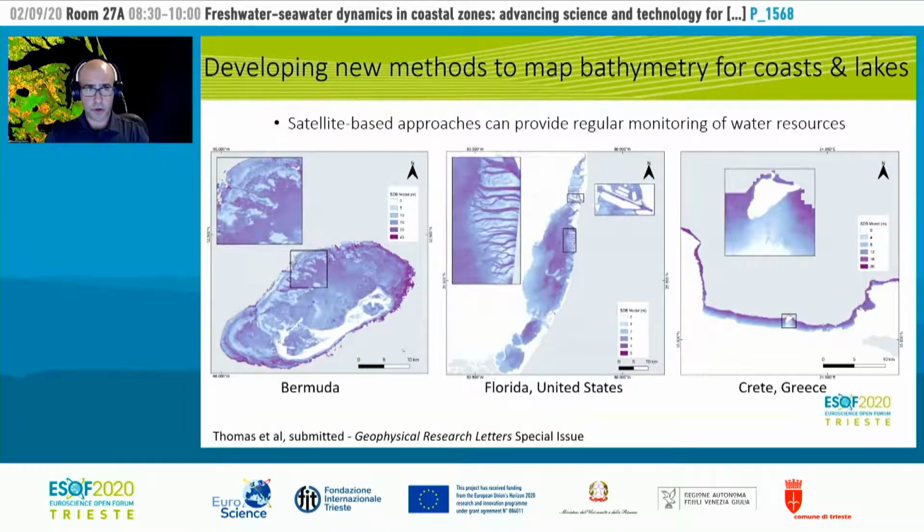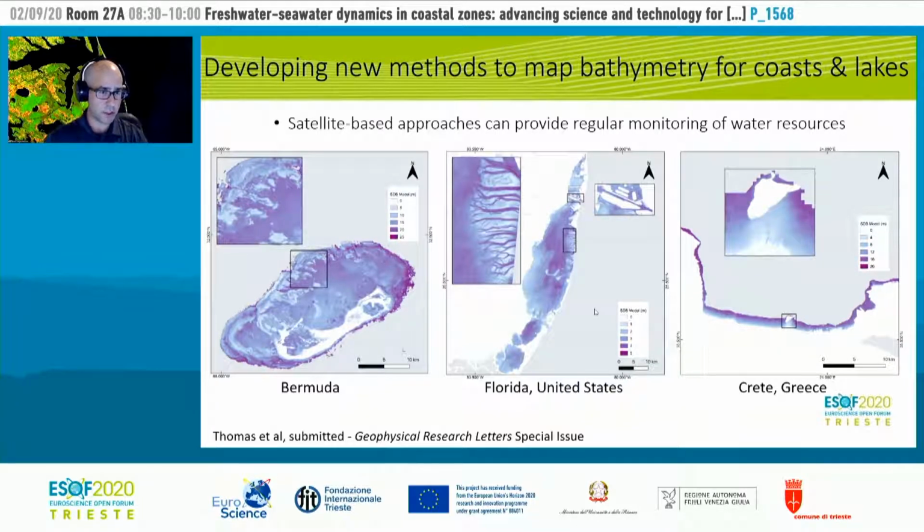Here I'm showing you how we can use these two satellites to develop new methods to map bathymetry, not only of the coastal areas, but of lakes, of reservoirs, of rivers. Here are three particular case studies in Bermuda, Florida in the United States, and Crete in Greece, where we've been able to map solely from satellite data the bathymetry of each of these different areas.